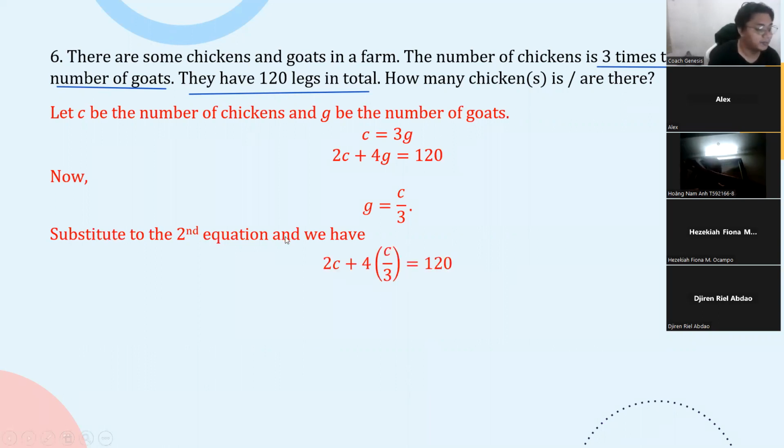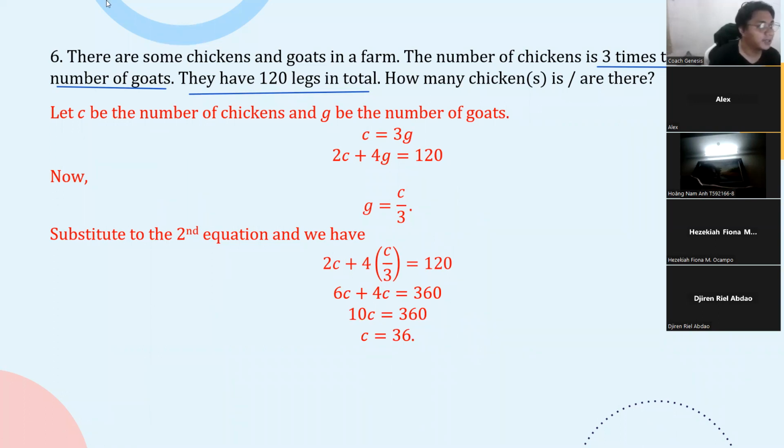So we have 2C plus 4 times C over 3 is equal to 120. We multiply both sides of the equation by 3 in order to get rid of the denominator. So we have 6C plus 4C is equal to 360. Simplifying, you'll get 10C is equal to 360. You divide both sides by 10, and you'll get C is equal to 36. Hence, we have 36 chickens in the farm.